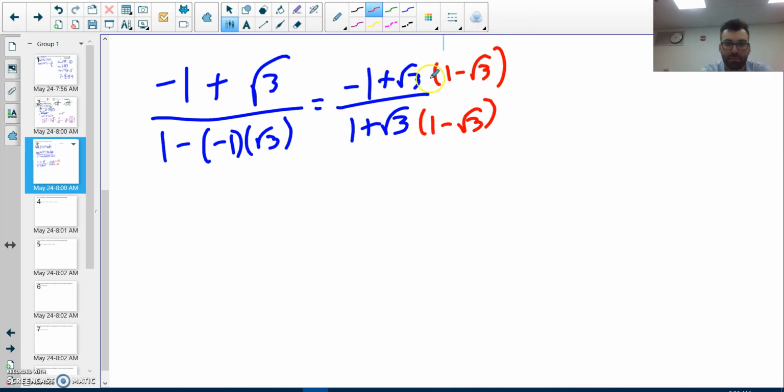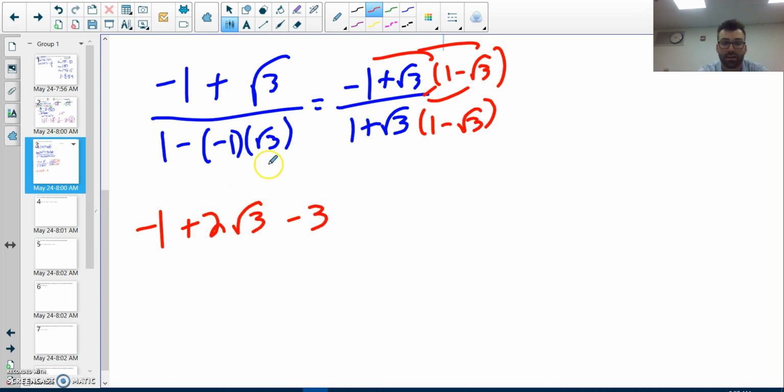If I FOIL this out, the top would end up being negative 1 plus 2 root 3. Then root 3 times root 3 is root 9, and the square root of 9 is just 3.